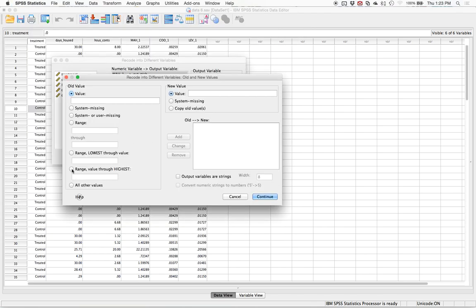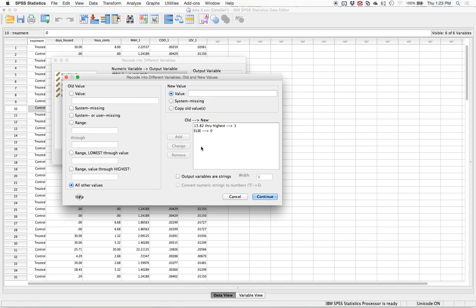So we're going to use this range, value through highest. Okay. And what that's going to do is take everybody who has a 13.82 and up and code them as a 1. Everybody else is going to be coded as a 0. So range value through highest means this score and up is going to be 1. Click add. And then all other values, everybody else, is going to be a 0.